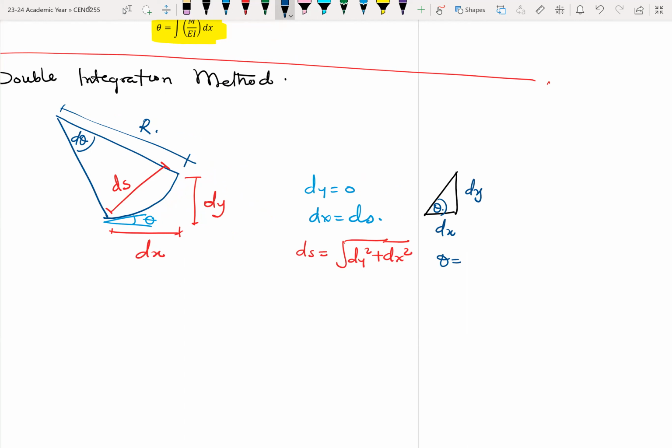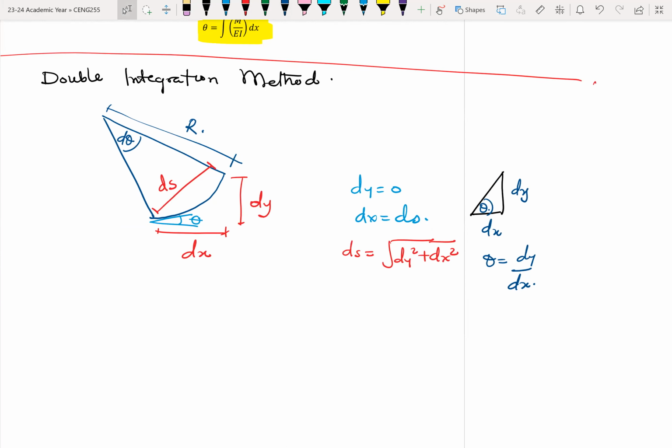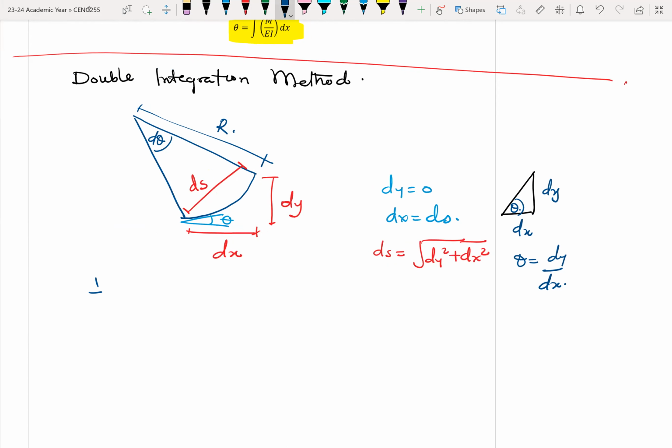These are very small angles, so tan theta will be the same as theta. We have already established that 1 over r is the same as dθ over ds. When dy approaches 0, then ds also approaches dx.